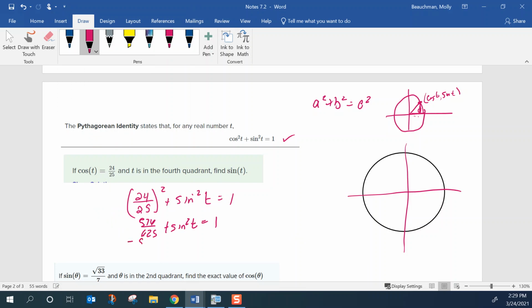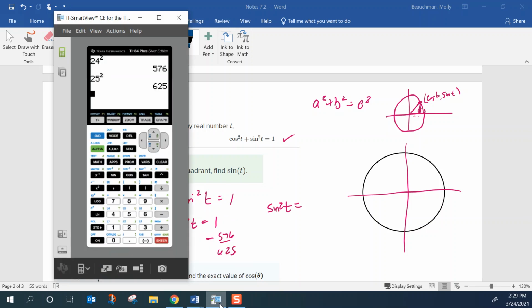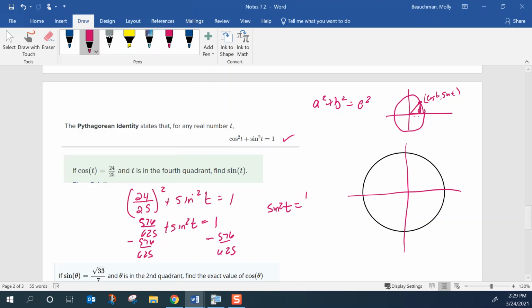Subtract 576 over 625 from each side. We end up with the sine squared is equal to 1, which is 625 over 625, minus 576 over 625. So I'm going to take 625 minus 576, and we end up with 49 over 625.